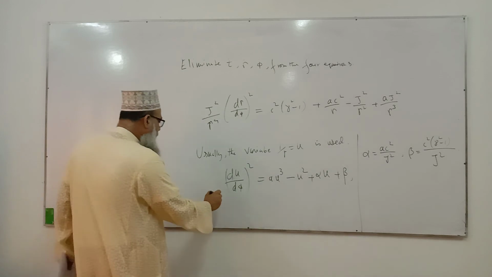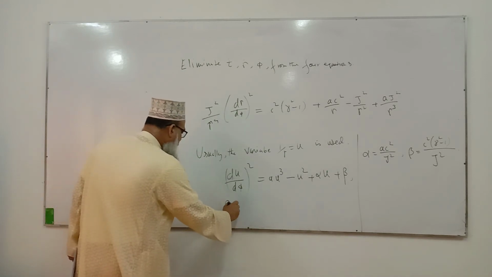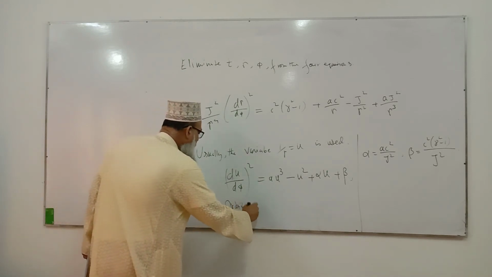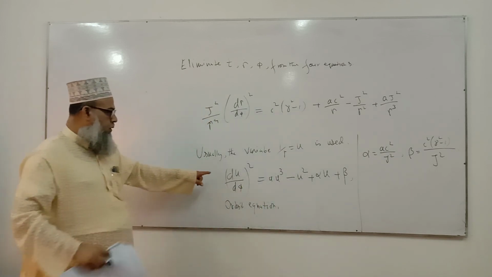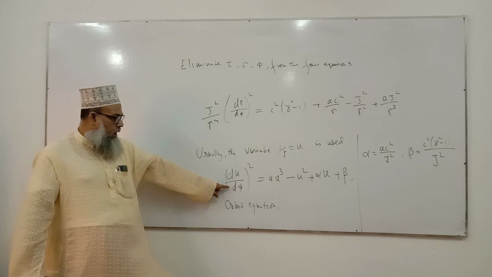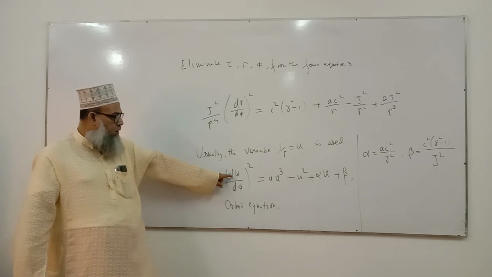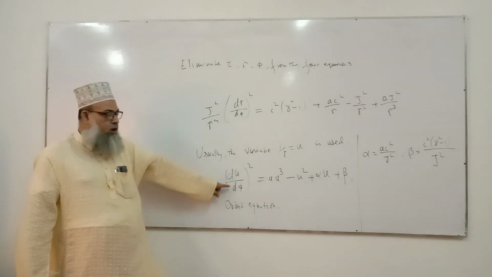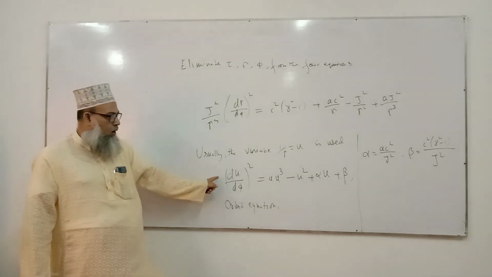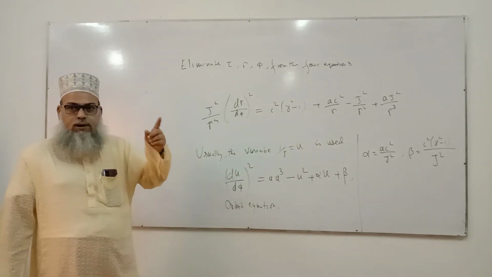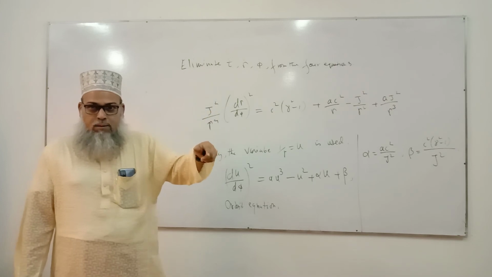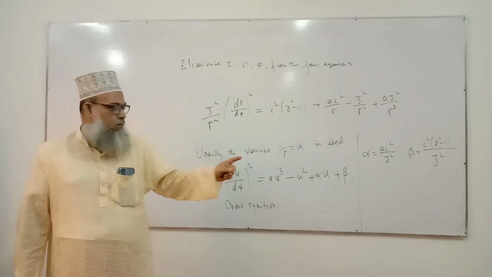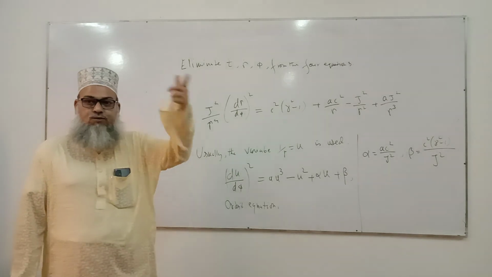This is called the orbit equation, because here the dependent variable is u and the independent variable is phi. Whenever you solve this, you get the graph of 1 by r versus phi.